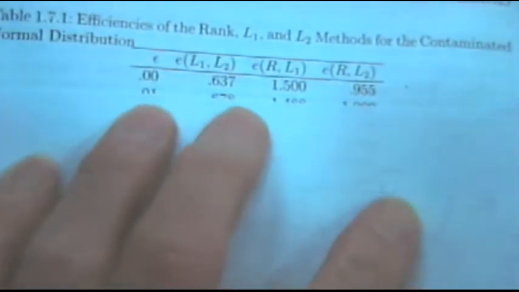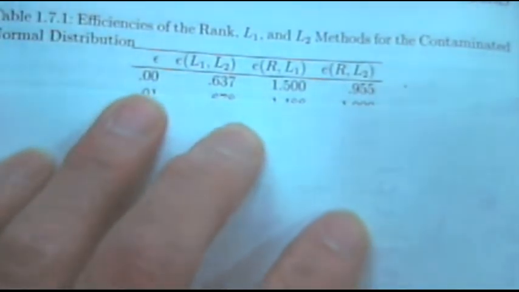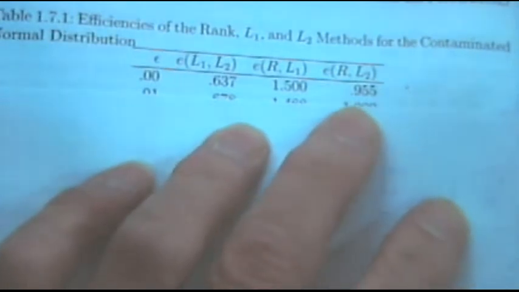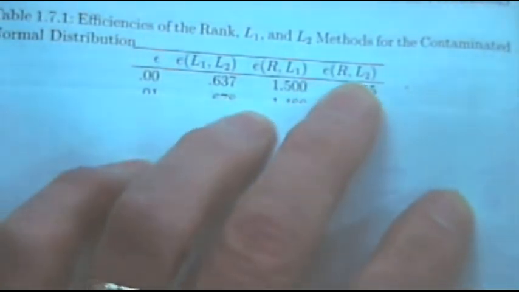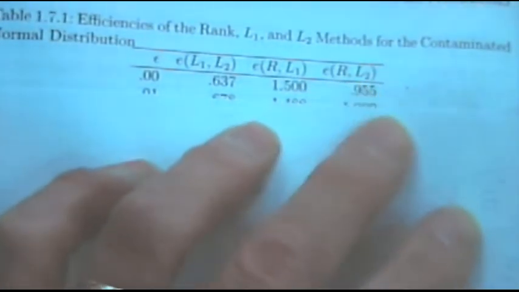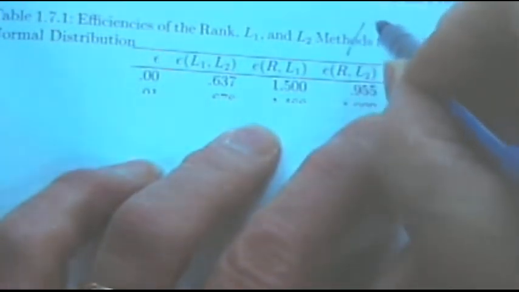This is with epsilon equal to 0. This would be standard normal, and this is the efficiency of the Wilcoxon with respect to x bar. Okay, this is theta hat HL, and this is x bar. And this is the median back here.